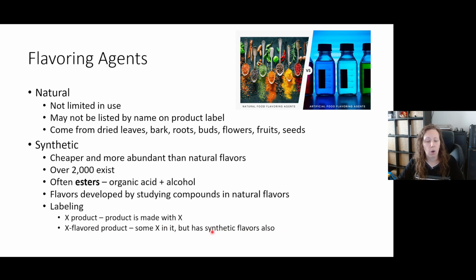Now then, if it is only made with the synthetic version of that flavoring and there's no actual natural strawberry flavor in that yogurt, then it's going to have to be labeled as imitation, whatever your flavor is, strawberry in our case, product. So imitation strawberry yogurt. There's no natural strawberries in it, but it does have a synthetic strawberry flavor added.